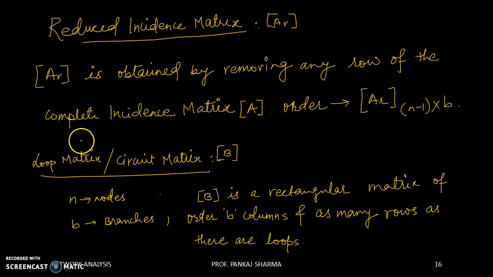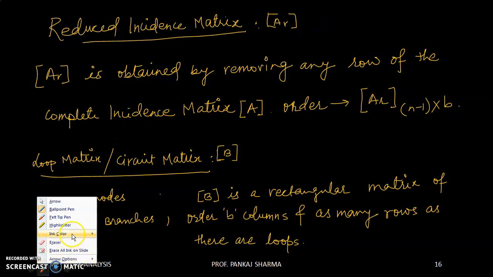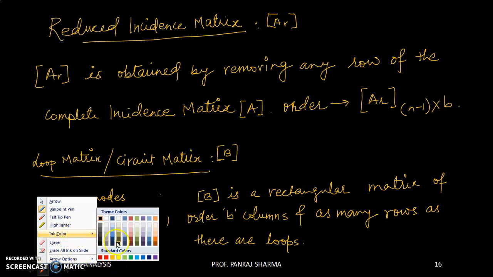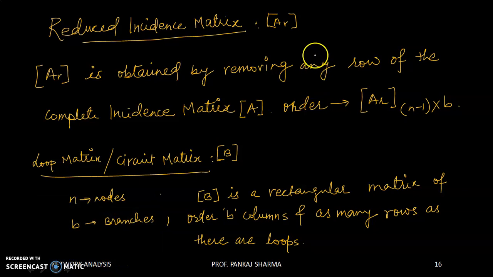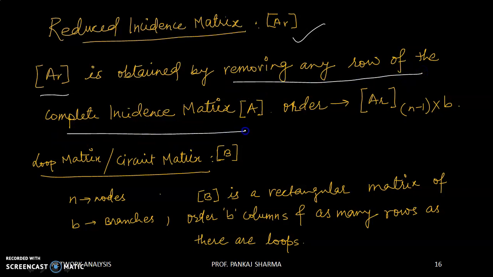See the definition. Reduced incidence matrix is denoted by AR. It is obtained by removing any row of the complete incidence matrix. I have removed the last row.